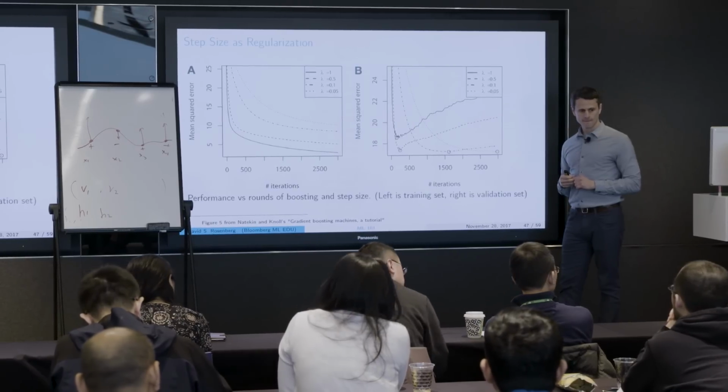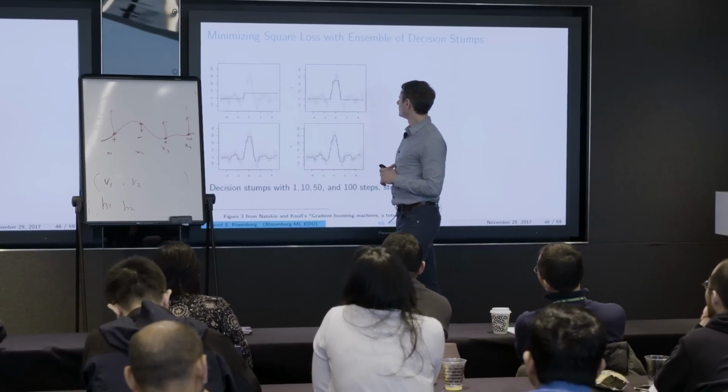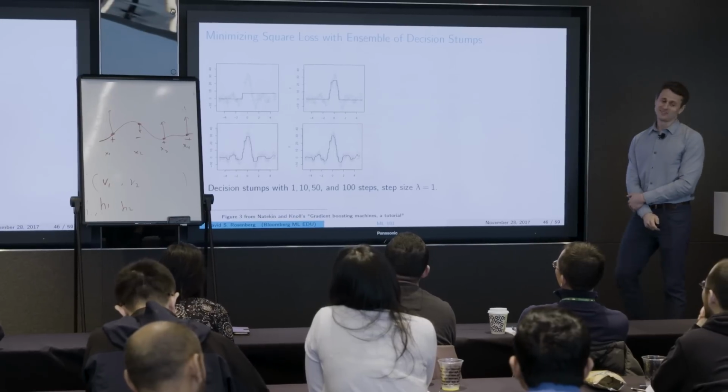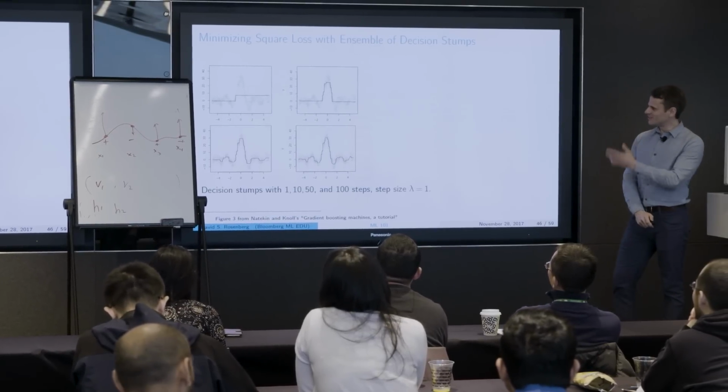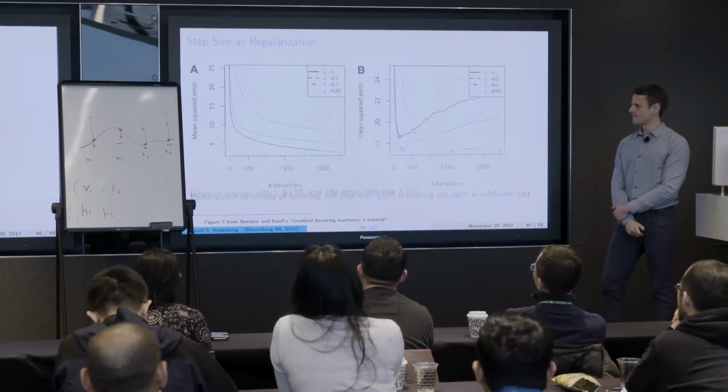In this example, how many training points do you have? I'm not sure. I guess you could count them. I think there's 400 or something. Not innumerable. This is the training set.